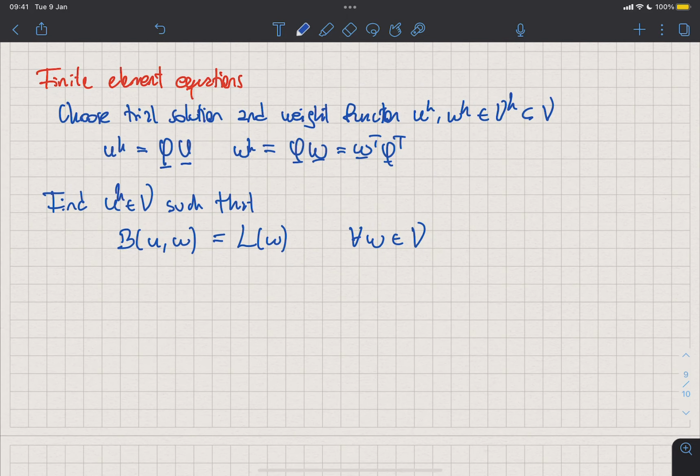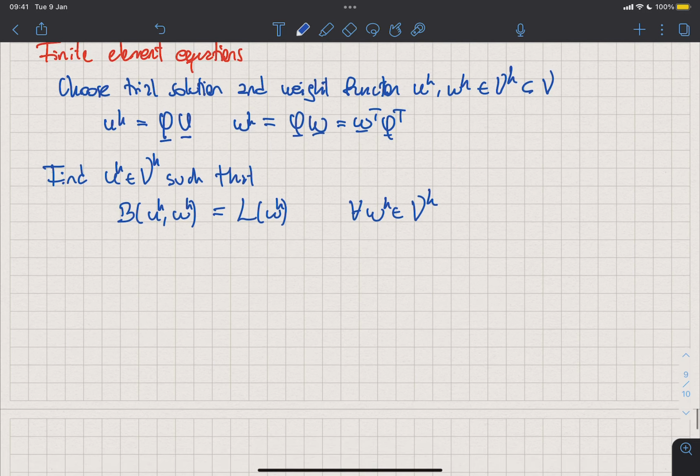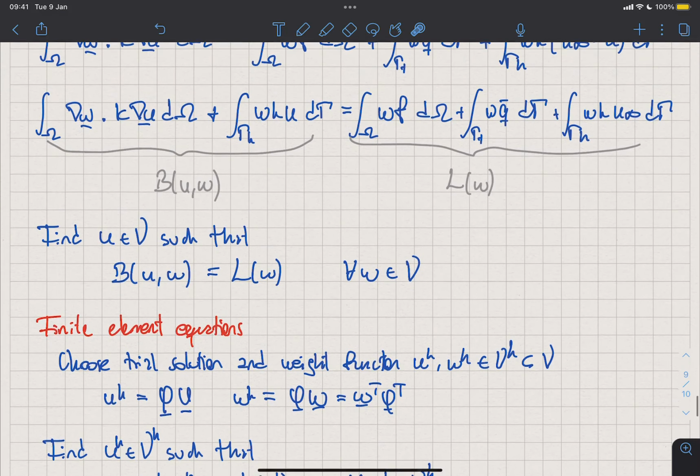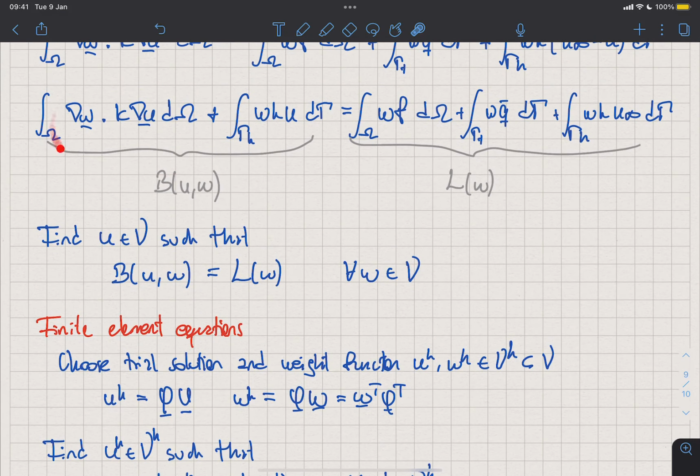So now we're dealing with finite dimensional functions and spaces, and that's it. And then this leads to our system of equations KU equals F that we solve for U. The moment I take UH in this form, remember that I'm replacing that UH in this equation.